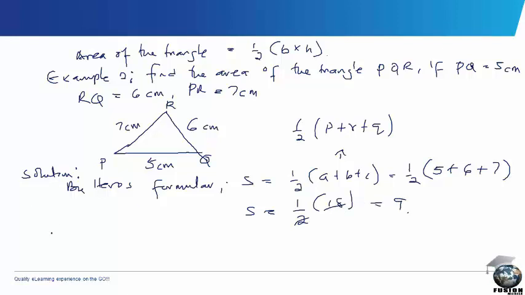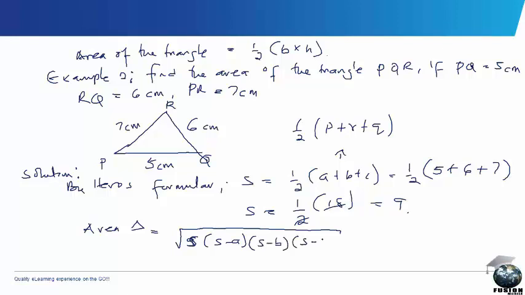And then how do we find the area of the triangle? The area of the triangle is equal to the square root of x into x minus a, x minus b, x minus c.